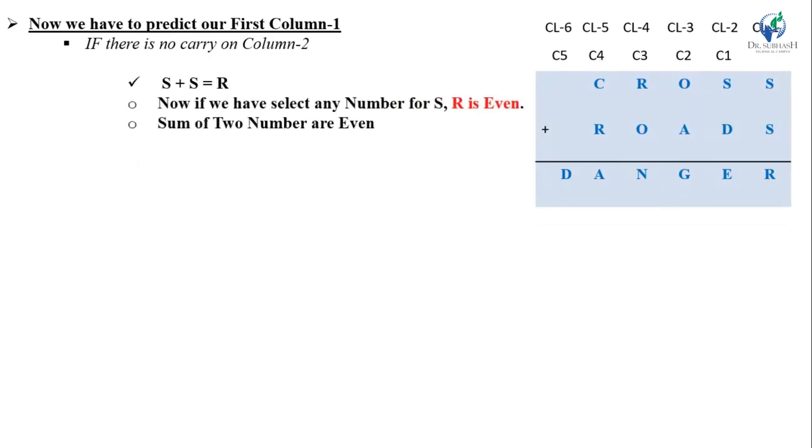Now we predict for our first column, column 1. There are two possibilities for this column. First, there is no carry on column 2, so we can write S plus S is equal to R. Now, if we select any two numbers which are the same, the sum is an even number.